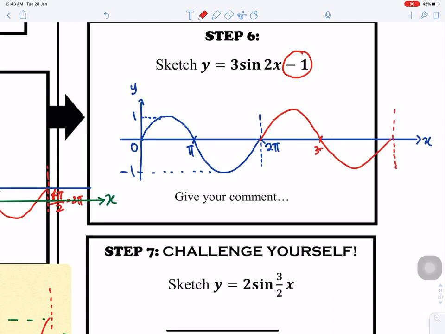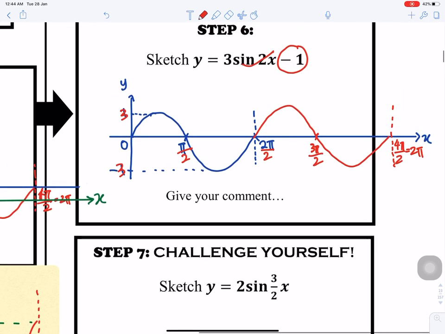Okay, 3 pi, 4 pi. Complete sine 2x. Now amplitude 3 and -3. For the angles, pi over 2, 2 pi over 2, 3 pi over 2, and 2 pi over 2 equals 2 pi.